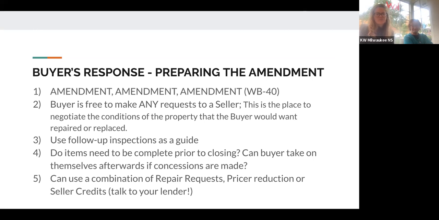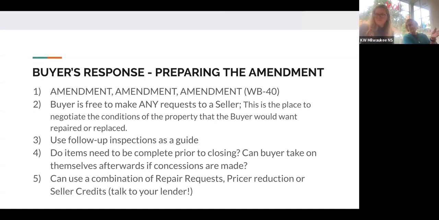I just want to make sure that point is delivered. An amendment is the place where you can, as Steph said, not only talk about what you want repaired or fixed. They don't have to be a defect. They could be things they were made aware of in the property condition report.